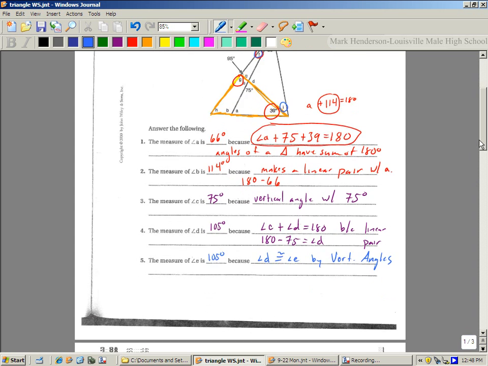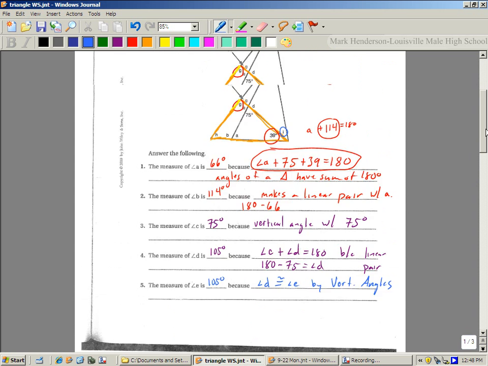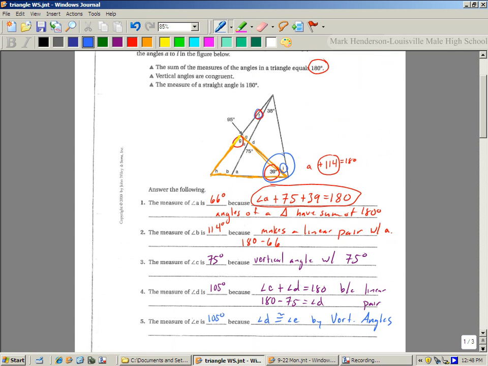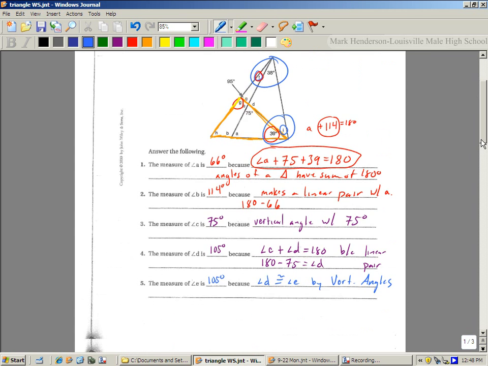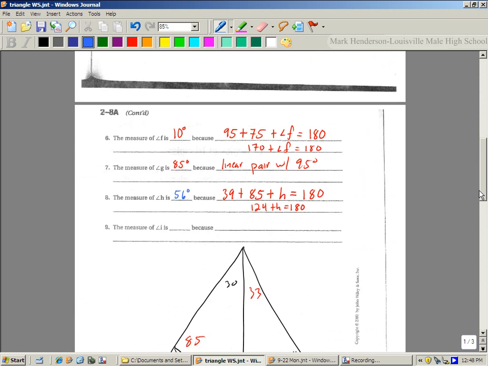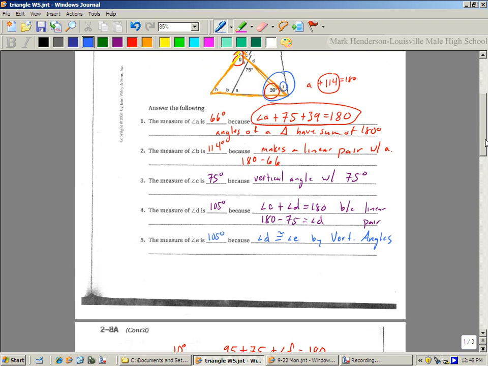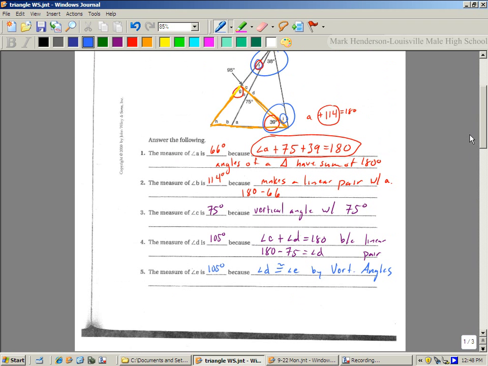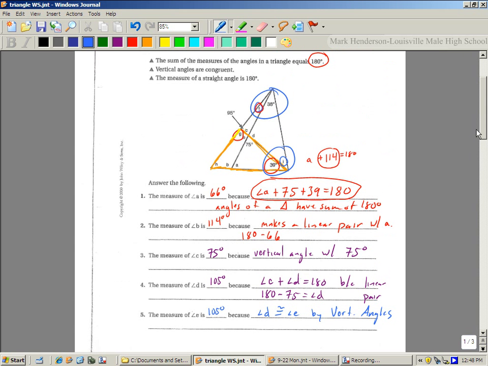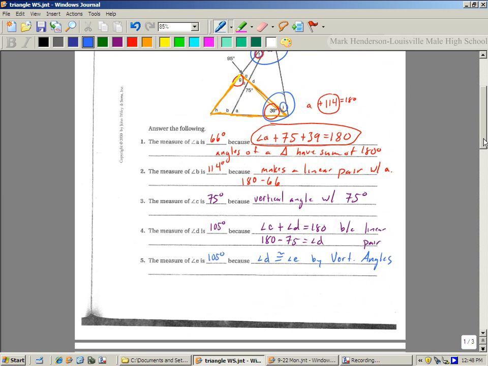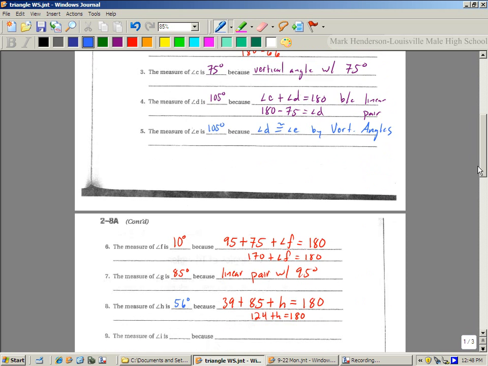But that's fine too. Yours, you have to add this stuff together and this stuff together, which is a little bit more work. Yes? Oh, yeah, you could. You could use F and B as well. Okay. Any other questions about that?